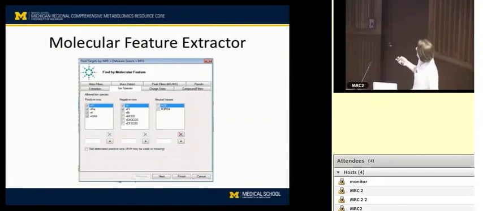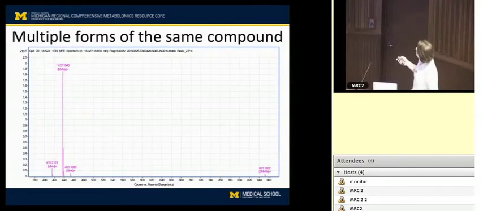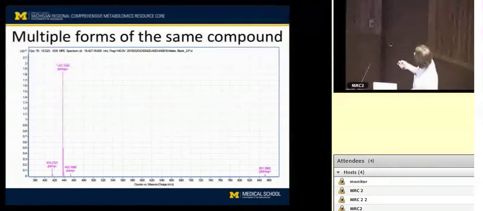Okay. All right. So, these metabolites come out with multiple forms. And this is just an example of a spectrum where this is the parent ion here, the metabolite of interest.